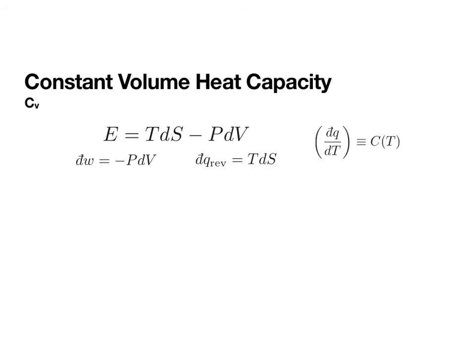So we're going to start with a derivation for the constant volume heat capacity. We start with our definitions. We know that energy is equal to TdS minus PdV. We know the definition for heat capacity. And we also know our definitions for the change in work and the change in heat.